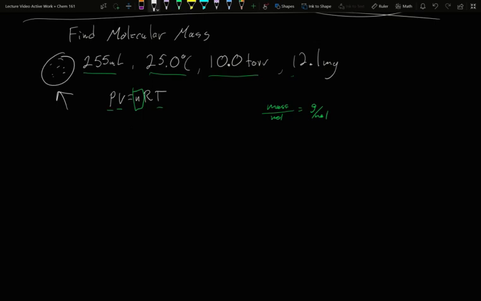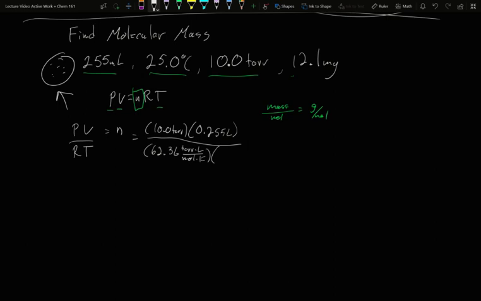If I want to do that, rearrange, our moles are going to equal PV over RT, 10 torr, milliliters to liters, 0.255 liters for our volume. I'm in torr, so 62.36 torr liter per mole Kelvin.